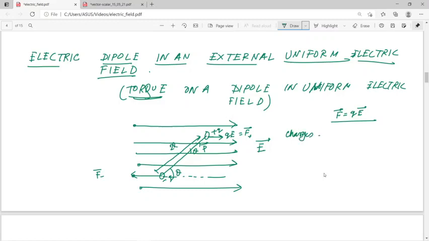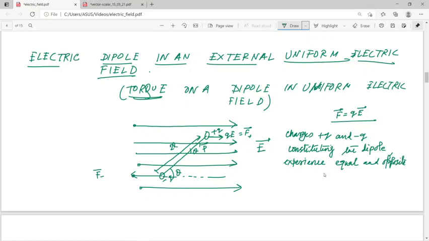The charges plus q and minus q constituting the dipole experience equal and opposite forces given by qE and minus qE.